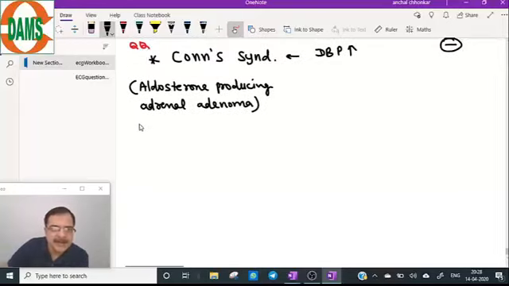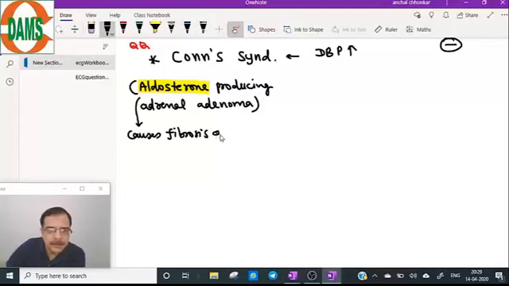It has been identified that the culprit hormone is aldosterone. Aldosterone in the long run causes fibrosis of blood vessels.